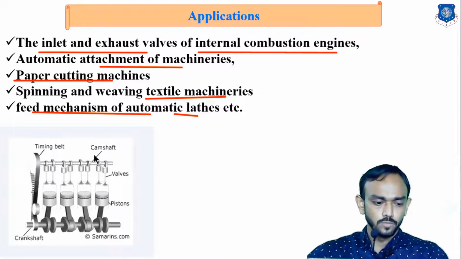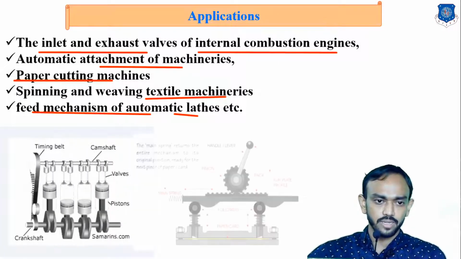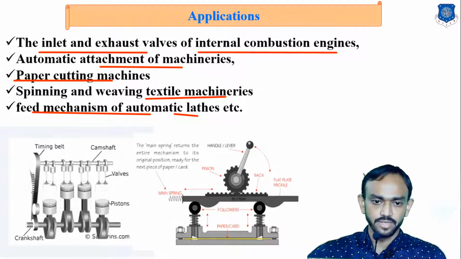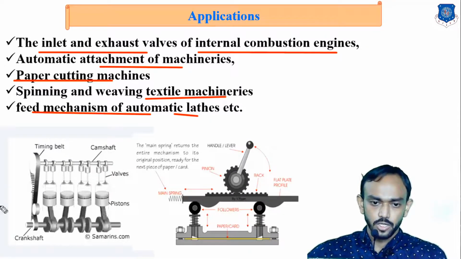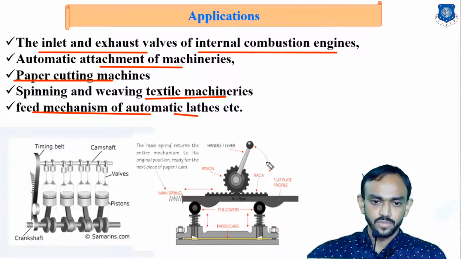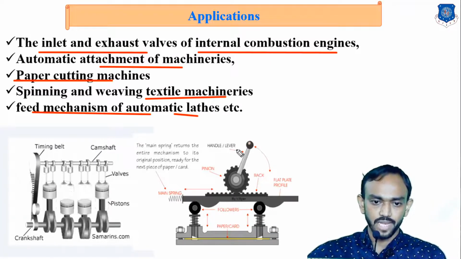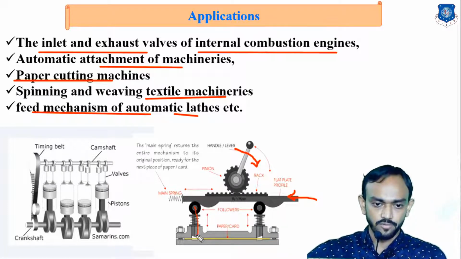You can see here the paper cutting machine mechanism. When this lever is pulled in this direction, it forces this body in this direction, and there is a follower here which will move downward. Due to this CAM profile, it will move downward and cut the paper.